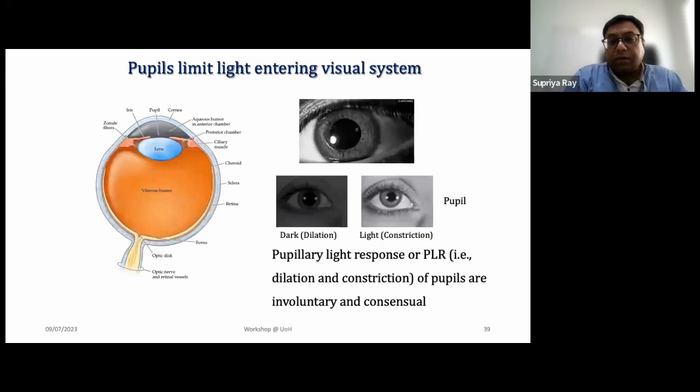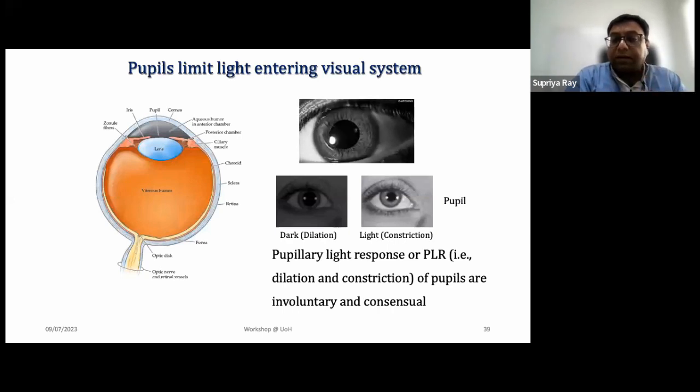Now we'll quickly look at pupillometry. As you know, the pupil is a kind of aperture in front of our lens that limits the amount of light entering the visual system. If your eye is exposed to very high intensity light, or a large amount of light goes inside, you can burn out the photoreceptors.